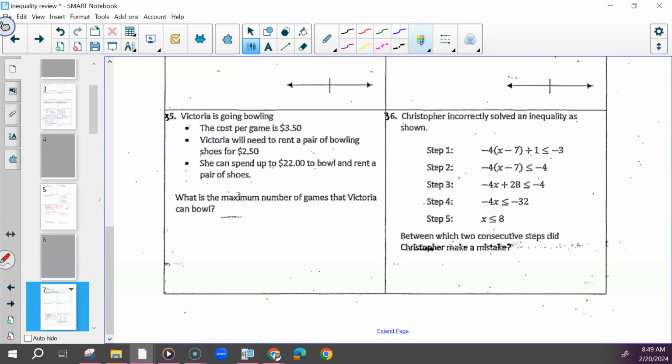In 36, Christopher incorrectly solved an inequality as shown. We have to find between which two steps he made the mistake. Which one do we think he made the mistake? Between two steps, which two steps do we think he made the mistake?